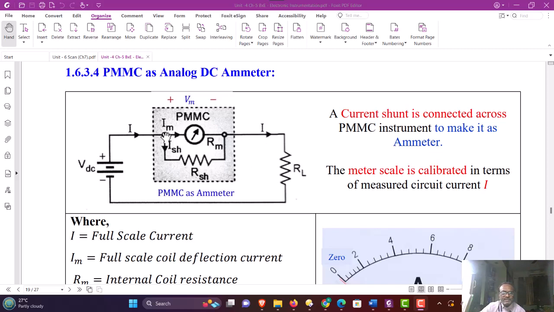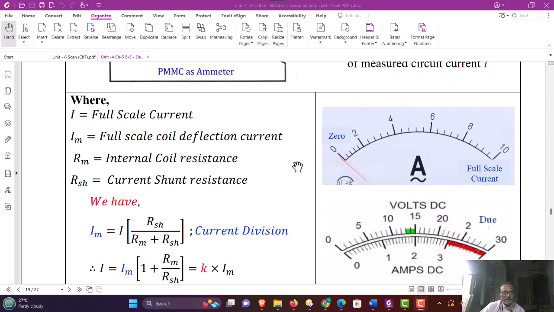Whereas the part which is flowing through the PMMC instrument is proportional to the load current. We will shortly derive the relationship how much I, the load current or current under measurement, and current through PMMC instrument Im is related.